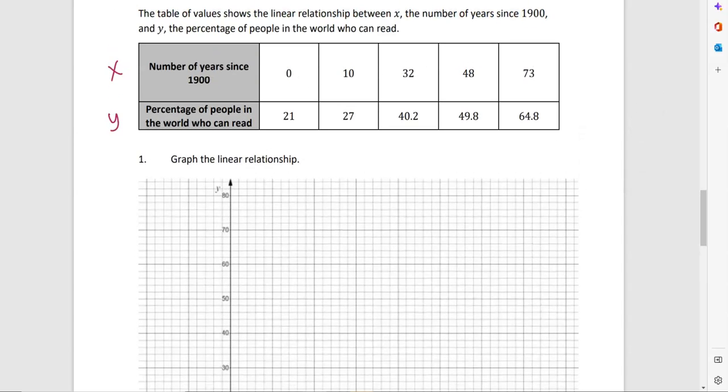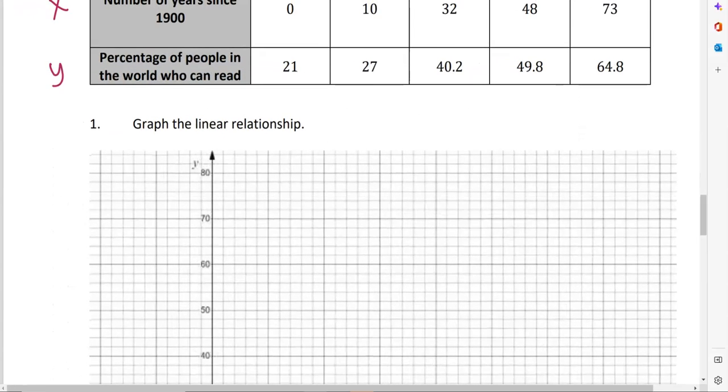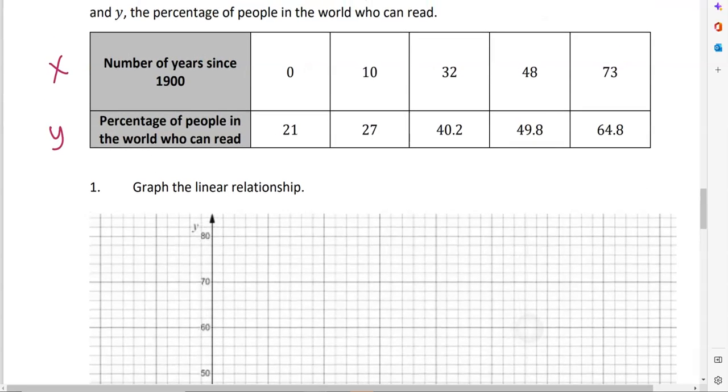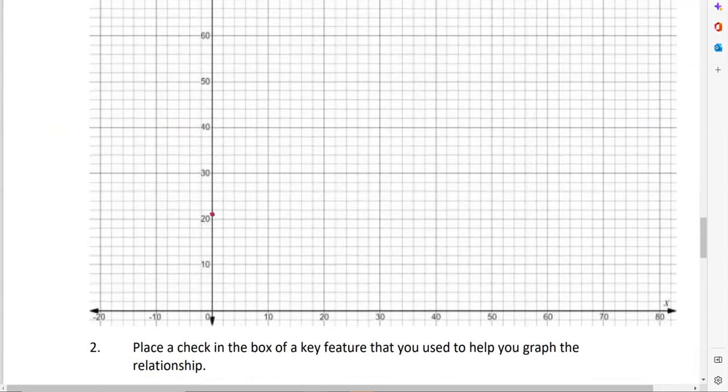Okay, so we're going to graph the point 0 for x, 21 for y. We're going to do our best guess. Then 10 for x, 27 for y. What do these go by, twos? 2, 4, 6, so there's 7. So 10, 27.